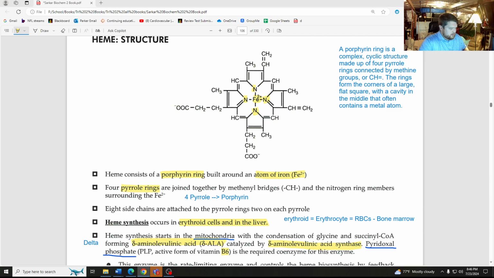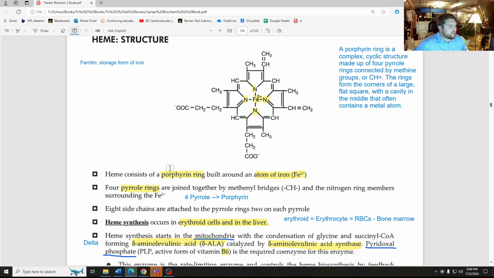And actually, you'll see a couple different names for iron. Like if you ever see the word ferritin, that is kind of the storage form of iron.